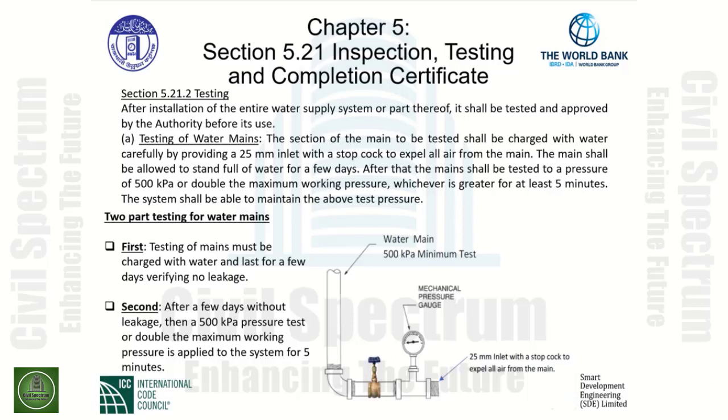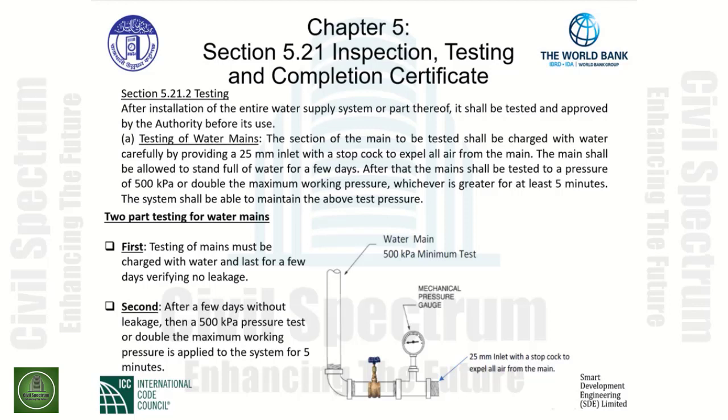Section 5.21.2, testing. So after the installation of the entire water supply system, or any part, it shall be tested and approved by the authority before its use. This is so important. Item A gives us the method of testing of water mains.